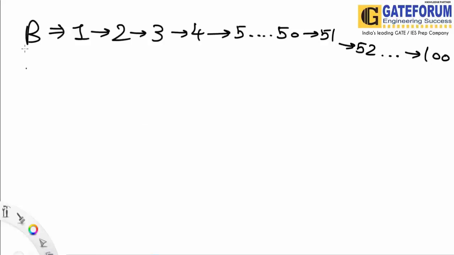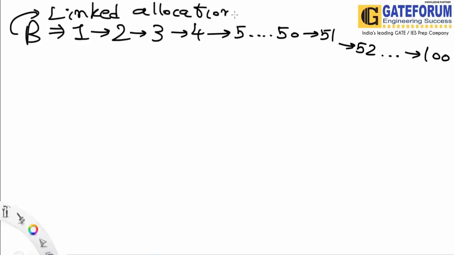This is basically a linked allocation system. So in linked allocation, you cannot directly access any particular data. You need to traverse all the blocks.